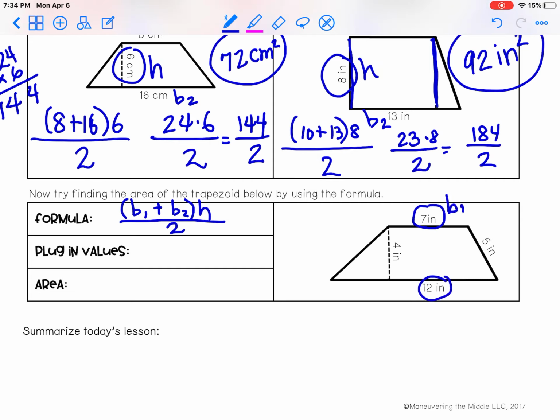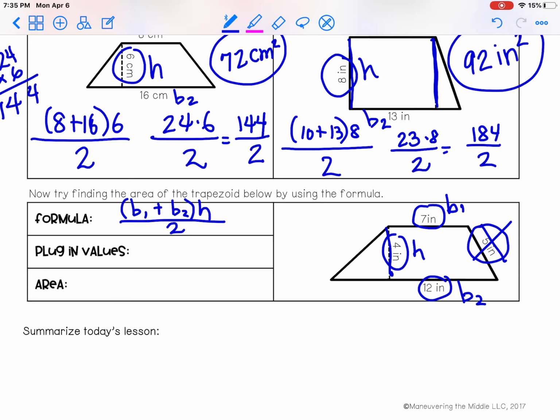We'll call this B2. Those are the two parallel sides. Notice this measurement right here, 5 inches. This is not usable. It's not okay to measure the distance between the bases on a slanted line. The height here has to be 4. Do not let that confuse you.